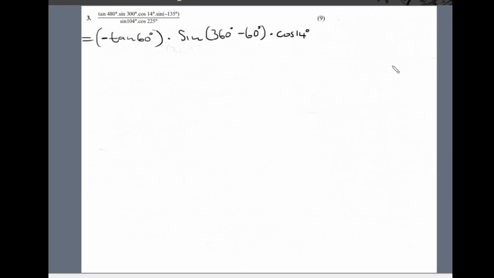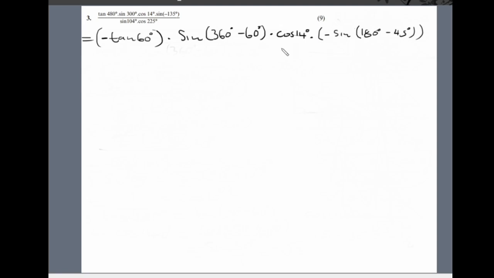Okay, and then minus sine 135, it's the same as saying minus sine 135. Okay, and then 135 is the same as saying sine 180 minus 45, right?